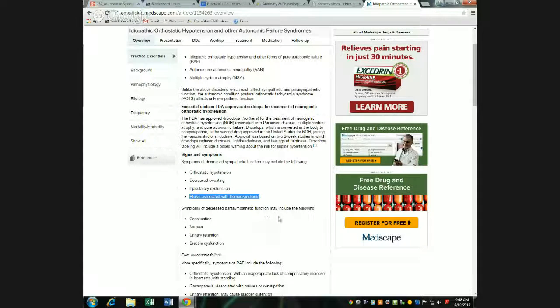Ptosis associated with Horner syndrome. Ptosis means the drooping eyelid, which some of you might remember from last semester. Horner syndrome is a series of symptoms associated with the condition. A lot of them, for some reason, have a lot to do with what's going on with the eye.